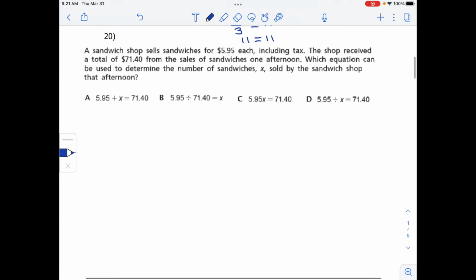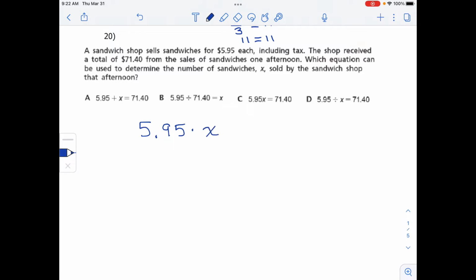Number 20. A sandwich shop sells sandwiches for $5.95 each, including tax. The shop received a total of $71.40 from the sales of sandwiches one afternoon. Which equation can be used to determine the number of sandwiches X sold by the sandwich shop that afternoon? Well, if we know each sandwich is $5.95 and we multiply by the number of sandwiches, right?